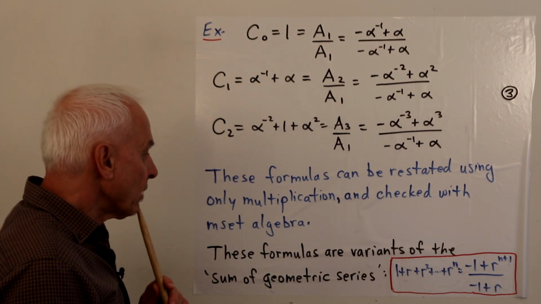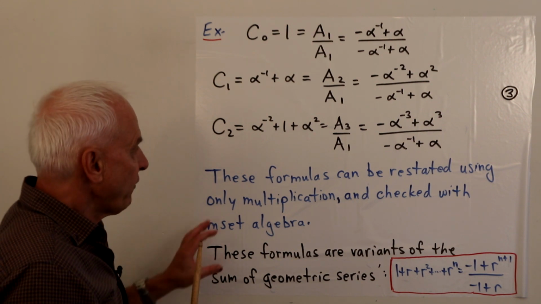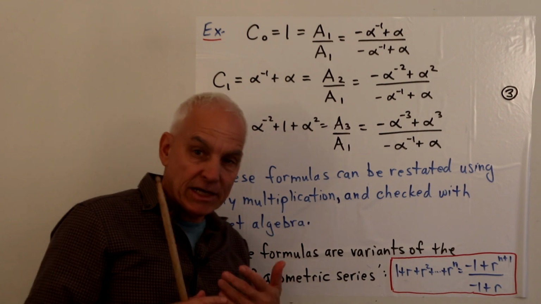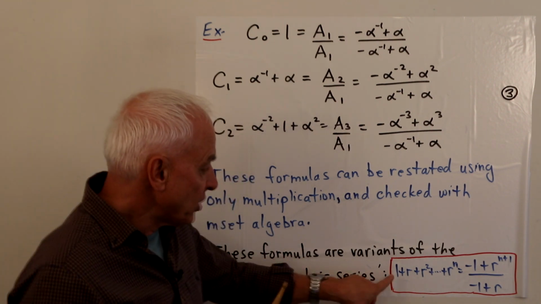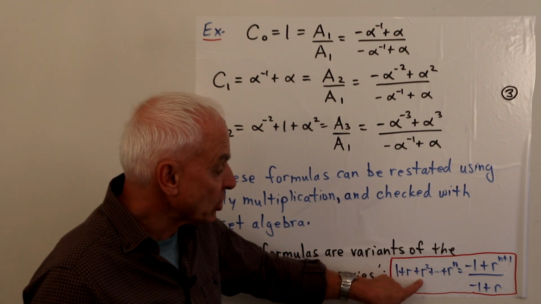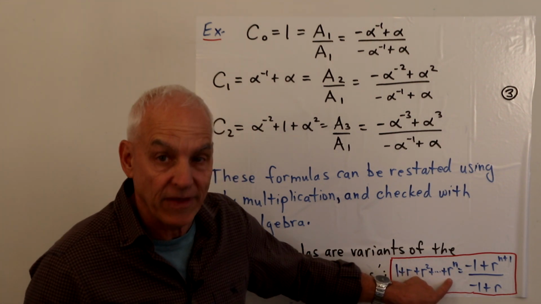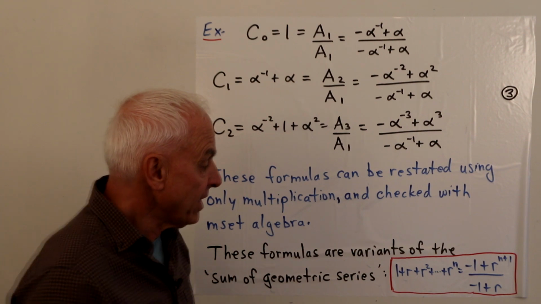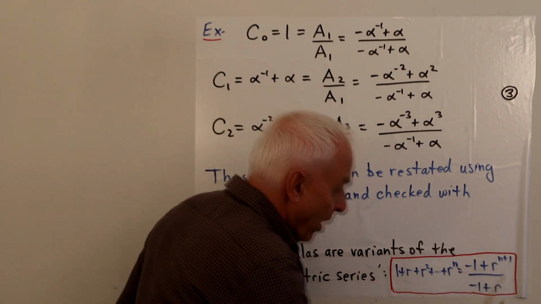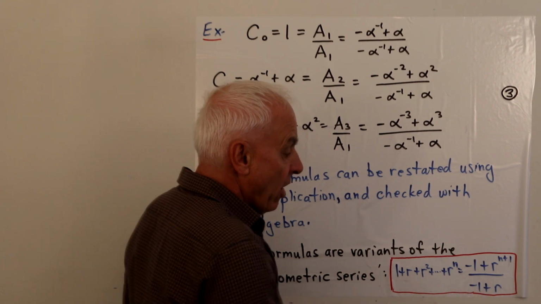And if you think about it for a little while, you realize that these formulas are really, in some sense, just variants of the sum of geometric series formula, okay? Which, say, in the simple version is the following: 1 plus r plus r squared all the way up to r to the n. The formula for that is as a quotient, minus 1 plus r to the n plus 1 over minus 1 plus r.